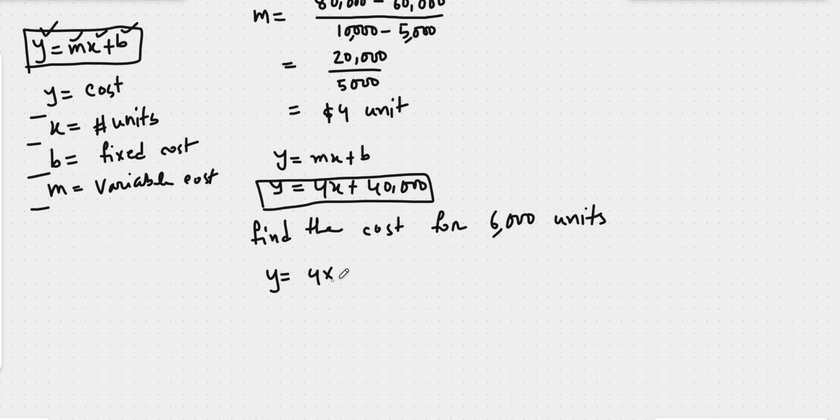So 4 times 6,000 units, and your cost will be $64,000.